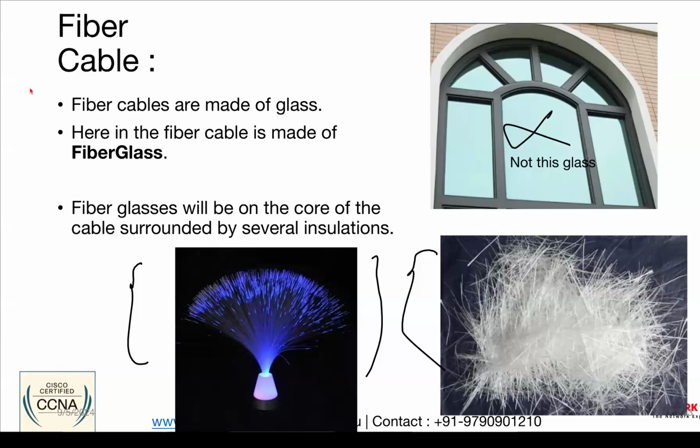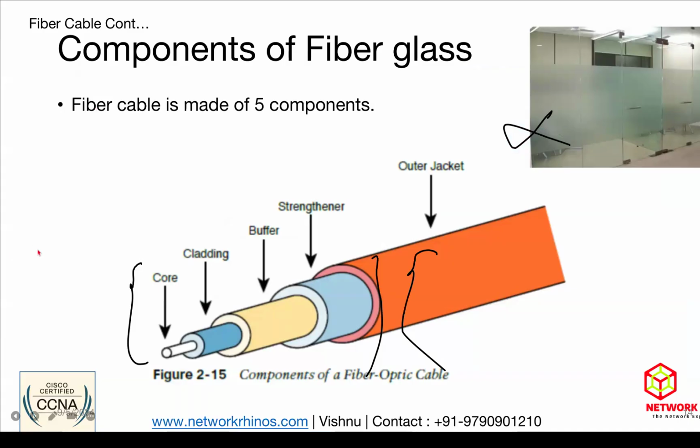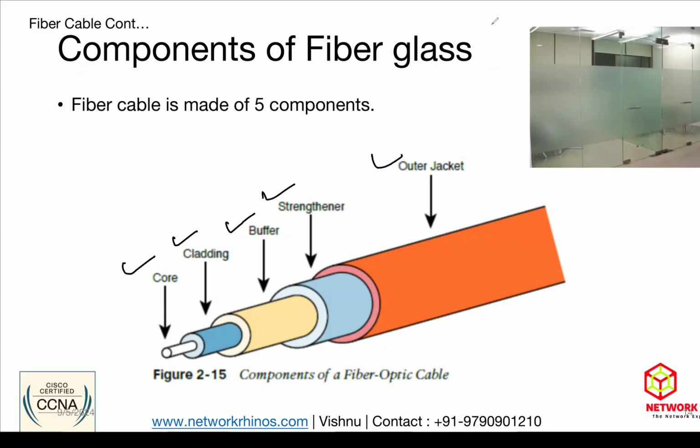Now fiber cables are made up of different layers, starting with core layer, cladding, buffer, strengthener, outer jacket. That's how the fiber cable looks like. So we got core in the middle. Core is the place where the actual signals are going and coming. Then you got cladding. You can imagine this area is like core, here is cladding.